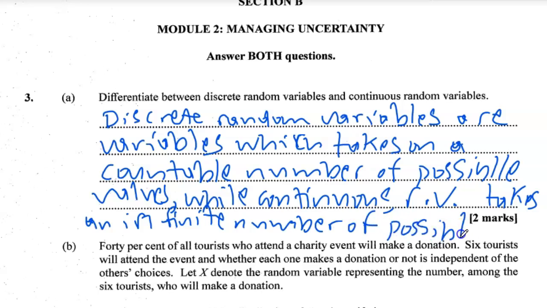That's the key difference between the two. Alright, so discrete, the number of values are countable. Continuous, the number of values are infinite, which means that they are not countable. Let's move to part B.